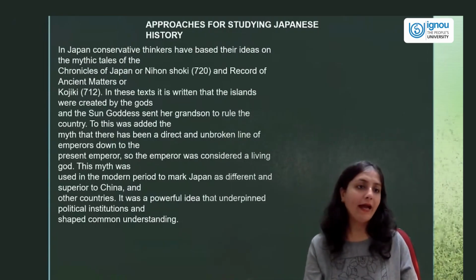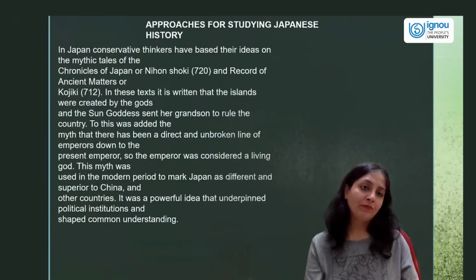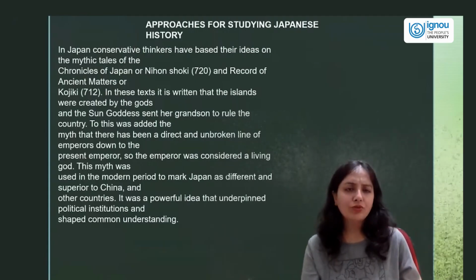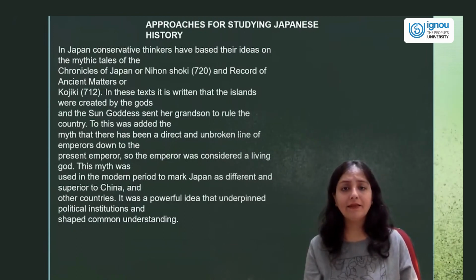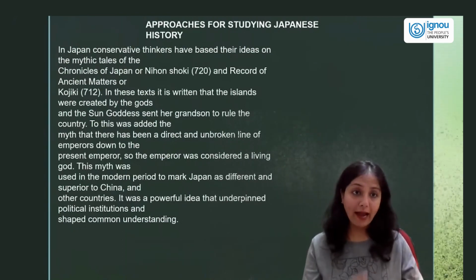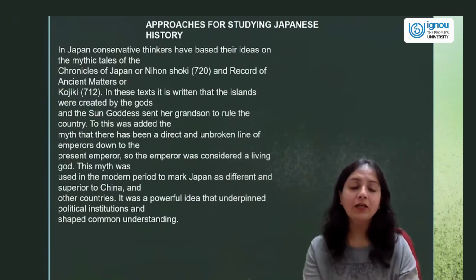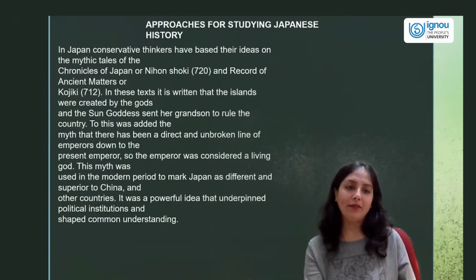Nihon Shoki and the Kojiki are those types of stories. The people of Japan used to study those myths. In these texts, it is written that the islands were created by the gods and the sun goddess.